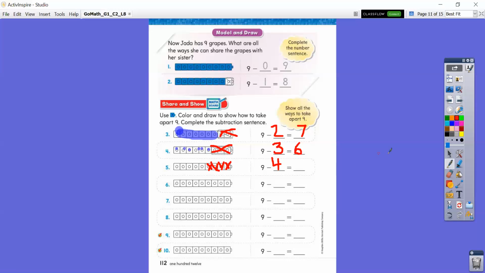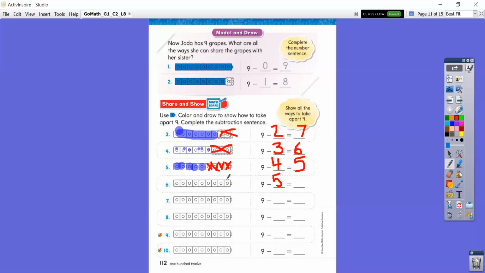Okay, let's color blue the ones that she is keeping. So we go 1, 2, 3, 4, 5. So that means she has 5 grapes left over. Do you see a pattern here? Our take away number gets bigger, so what we have left gets smaller. Okay, so look, we took away 2, we took away 3, we took away 4, and now we're going to take away 5 of them.